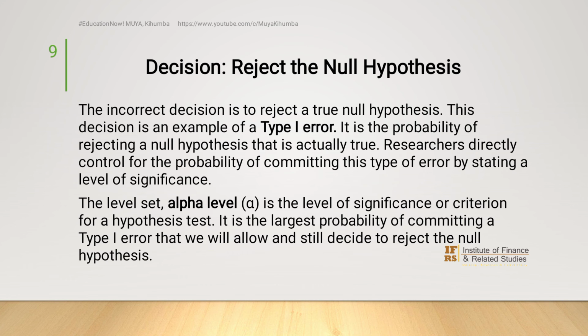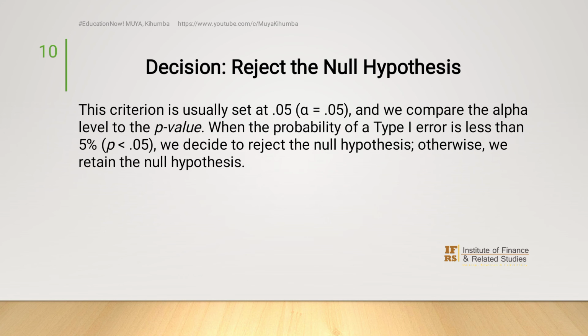This criterion is usually set at 0.05, that is alpha is equal to 0.05, and we compare the alpha level to the value of p. When the probability of type 1 error is less than 5%, that is p is less than 0.05, we decide to reject the null hypothesis. Otherwise, we retain the null hypothesis.